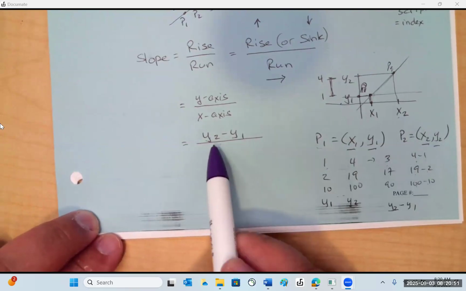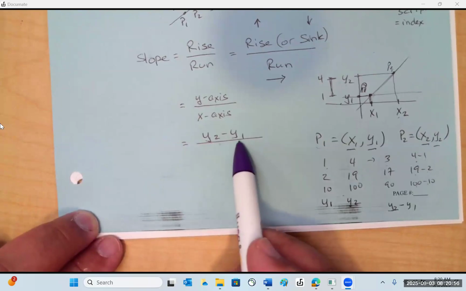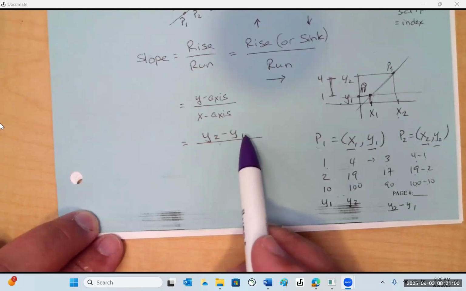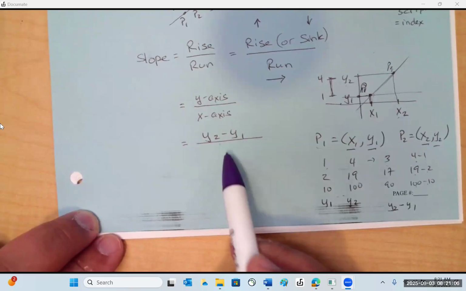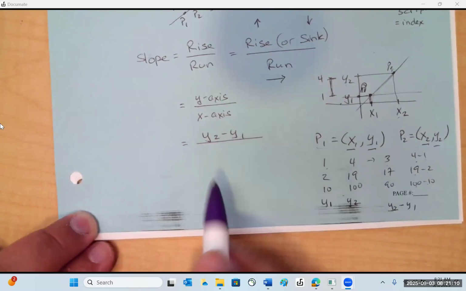It's the y value of the second point. What's y1? y1 is the y value of the first point.